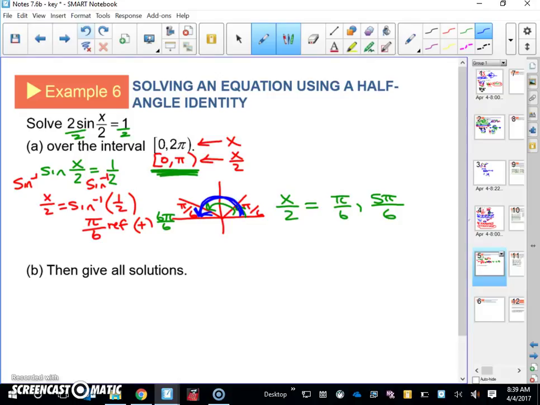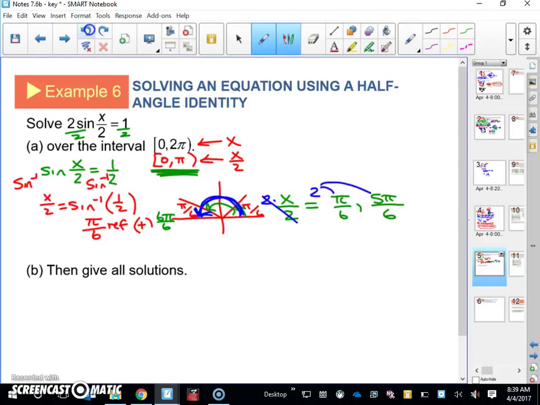But what I have to do now, the last step, is to isolate x. And so, just think about if you had x over 2 equals 10, or anything, you multiply by 2 in order to isolate x. And that's exactly what we're going to do here. In order to isolate x, I'm going to multiply by 2.